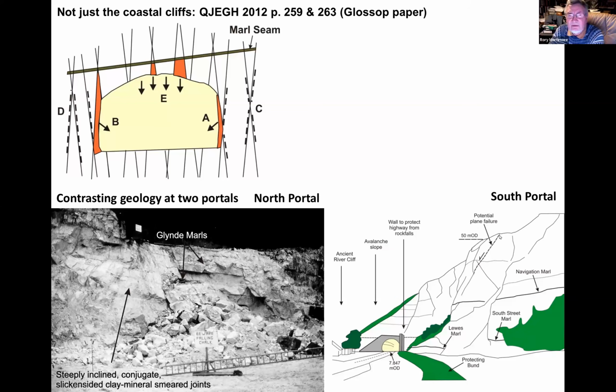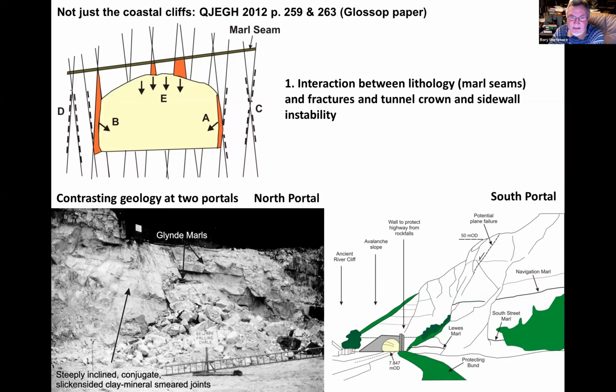But this is now, when was that? 1979, 1980. So it's a good 40 years, and that's not moved at all. So the flints across the fractures are increasing the friction in a big way, the cohesion on the fractures. So there's interaction between lithology and marl seams.